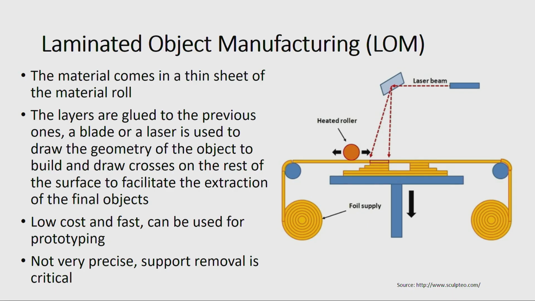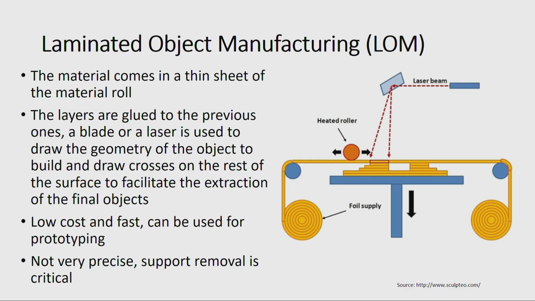So initially the build plate will be at the topmost position, and over that the foil will be there, and the heated roller will roll over the foil, and then the laser beam will cut the layer according to the file given to the 3D printer.